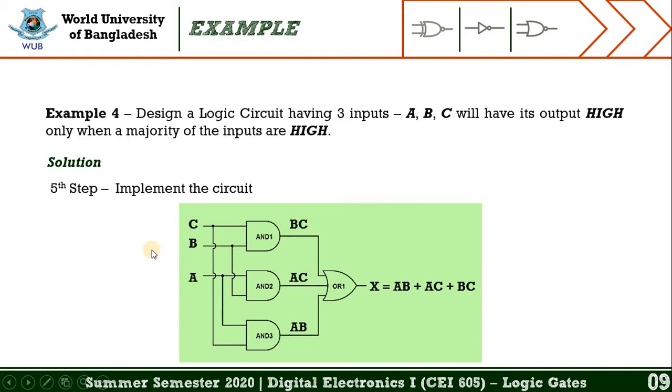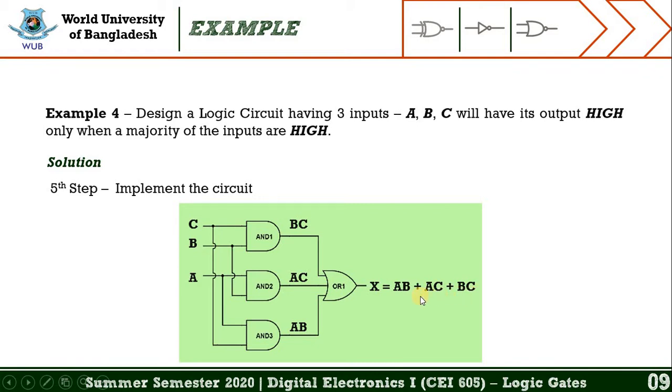Then finally we need to implement the circuit from the simplified version of the Boolean expression we got in the previous slide, which is that the output should be AB or AC or BC.